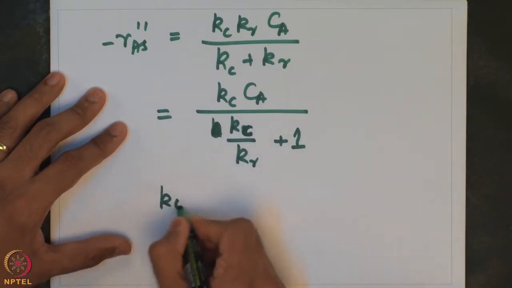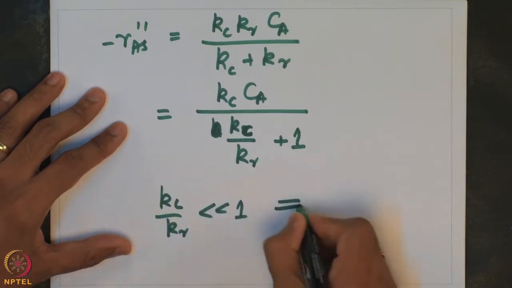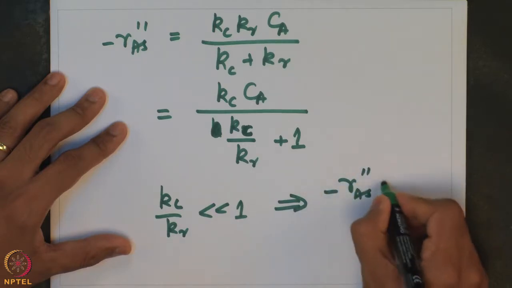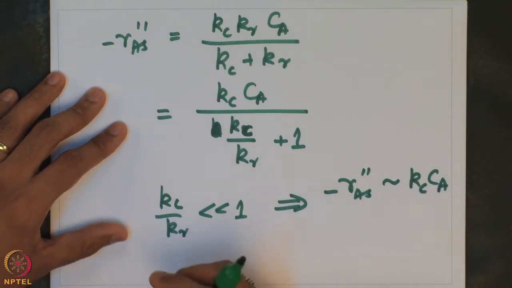So, if Kc by Kr is much smaller than 1, then the overall rate at which the reaction happens is approximately equal to Kc into Ca. Which means that the external mass transport is essentially controlling the overall rate at which the reaction happens.